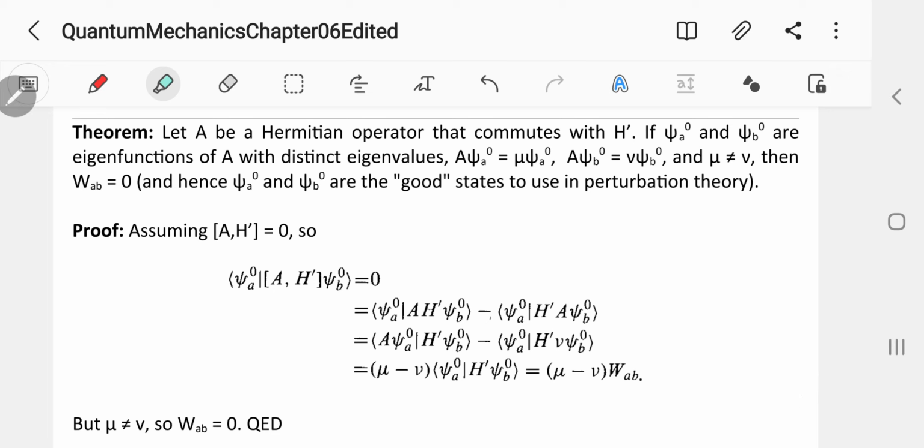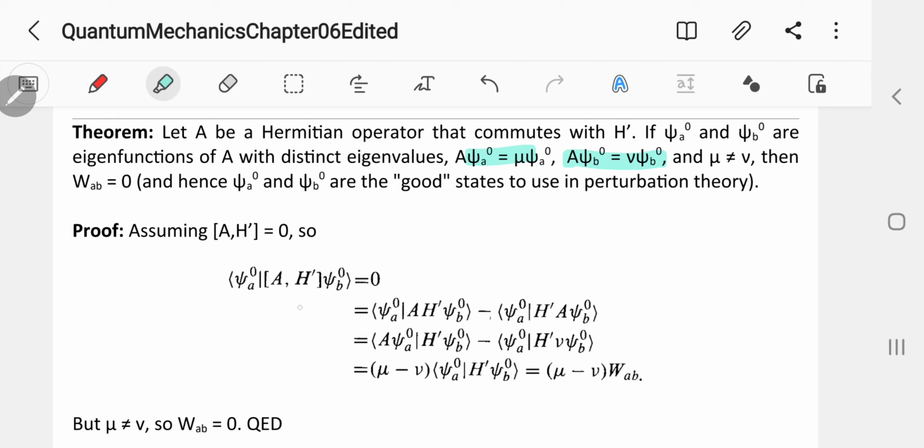Now we'll go to a theorem. Let A be a Hermitian operator that commutes with H prime. If phi A0 and phi B0 are eigenfunctions of A with distinct eigenvalues, that means different energies, then WAB would be 0, and hence phi A0 and phi B0 are good states to use in perturbation theory.